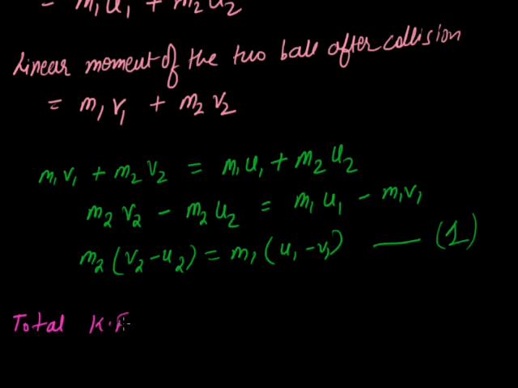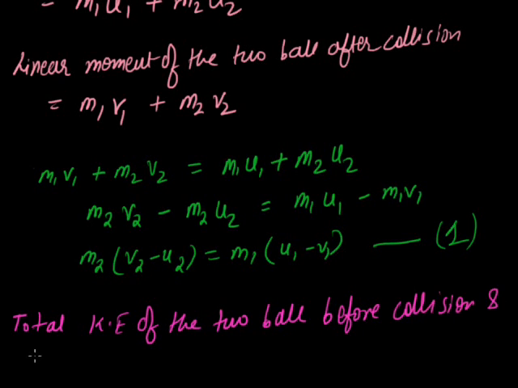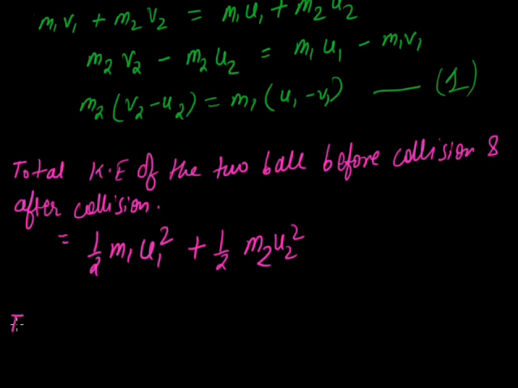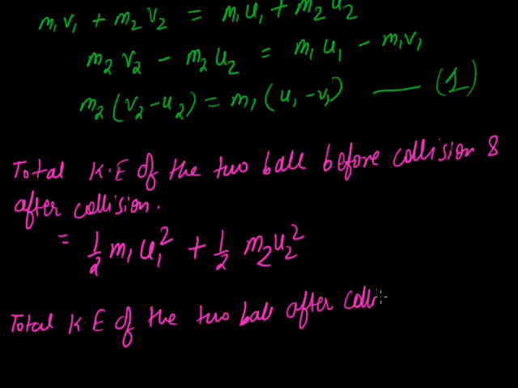The total kinetic energy of the two balls before collision is half m1 u1 square plus half m2 u2 square, and the total kinetic energy of the two balls after collision is half m1 v1 square plus half m2 v2 square.